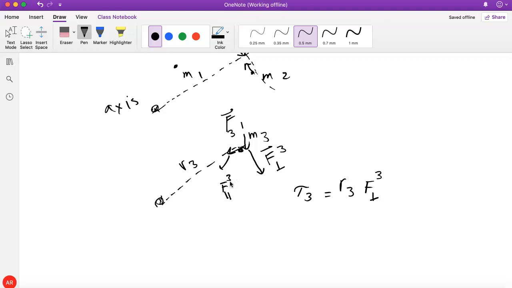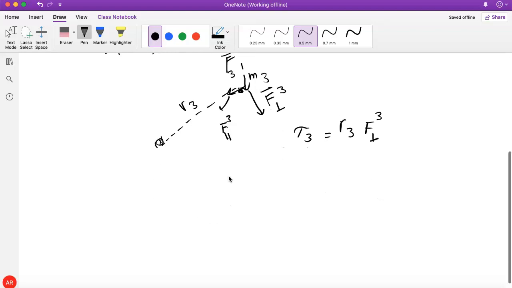Now, if I consider the acceleration of this object, I can apply F equal ma, and it has some acceleration, some centripetal acceleration in the direction of this line connecting the axis to the particle, and some acceleration perpendicular to it, or tangent to a circle you can imagine. Right?